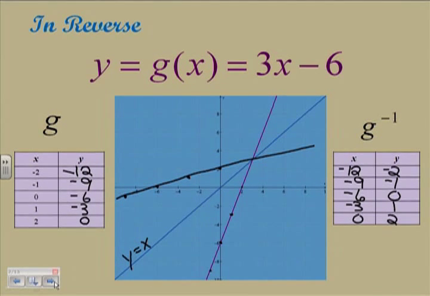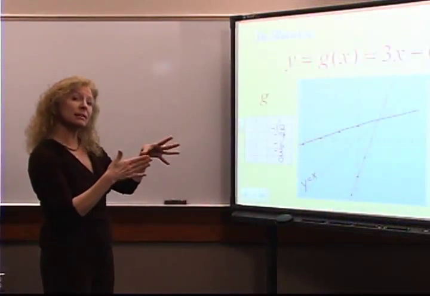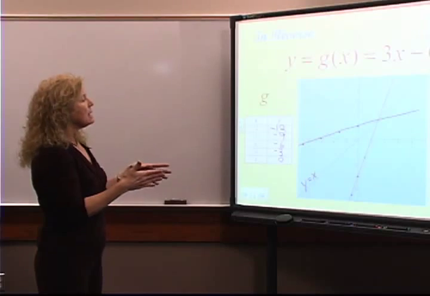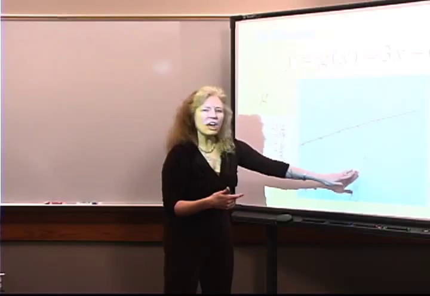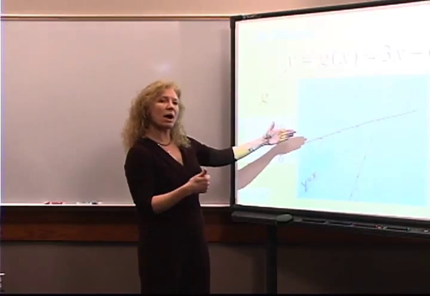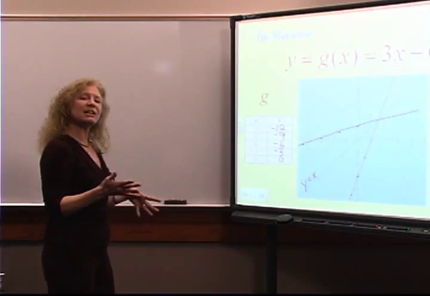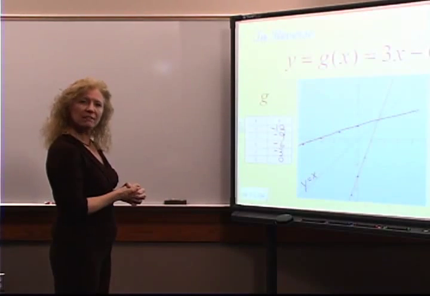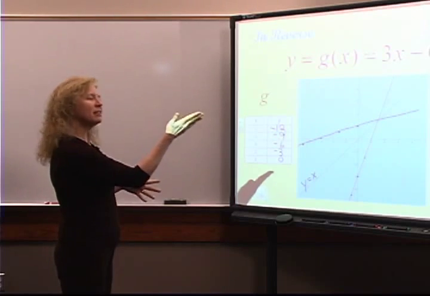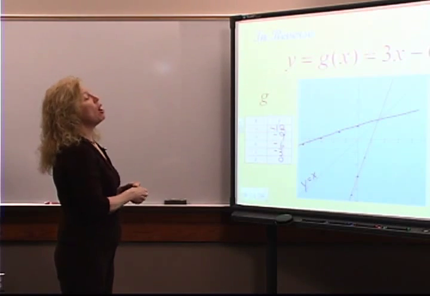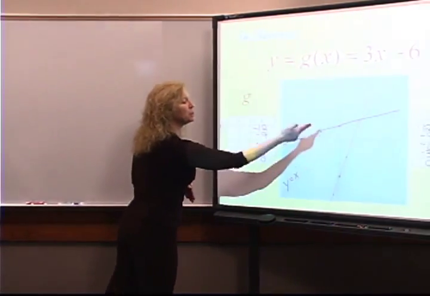And one of the really interesting features about the graph of a function and its inverse is that they are reflections of each other over that y equals x line. That makes a nice little way to test yourself as to whether you've got a good graph for the inverse. Okay? So I've got a lovely graph of the inverse of a function from the graph of the original function.